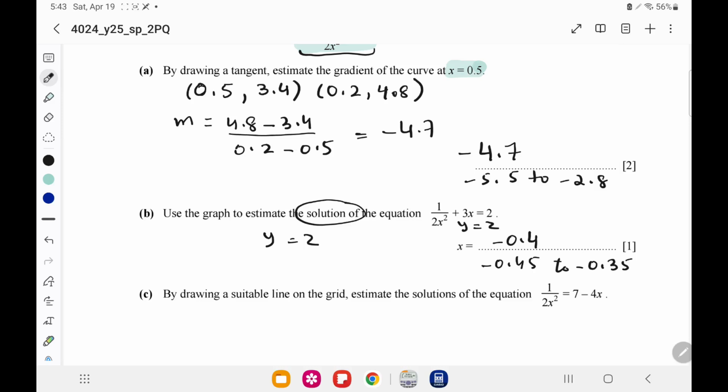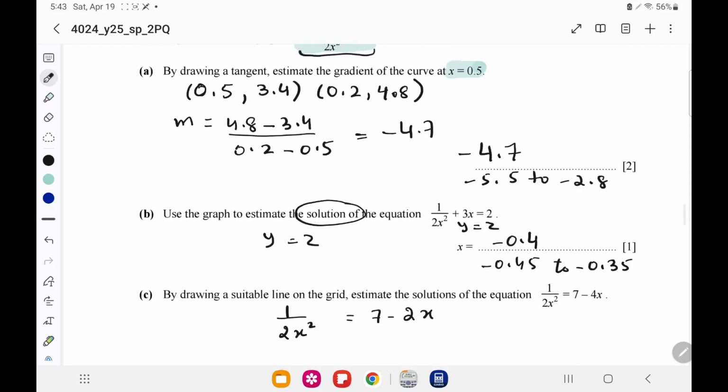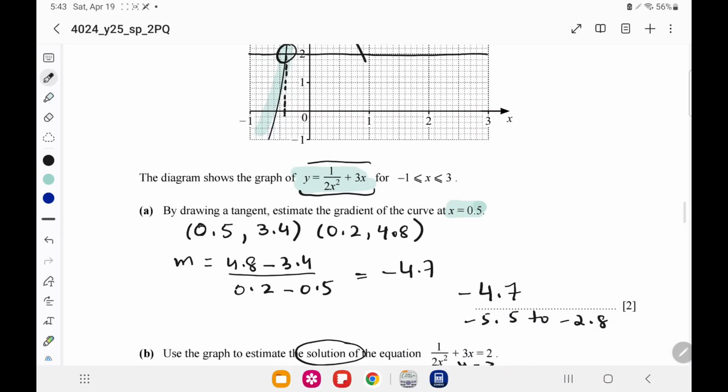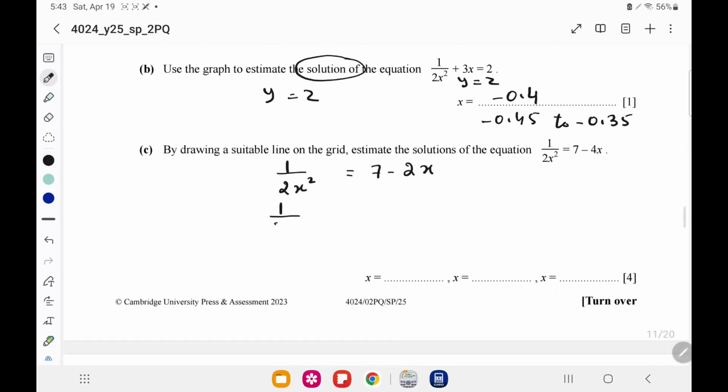By drawing a suitable line on the grid, estimate the solution of the equation 1 upon 2x square minus 7 equals 7 minus 4x. So you'll have to make the line as y equals 7 minus 4x. What we don't have to complete this y is plus 3x, so you add 3x to both sides. Plus 3x equals 7 minus 4x plus 3x.